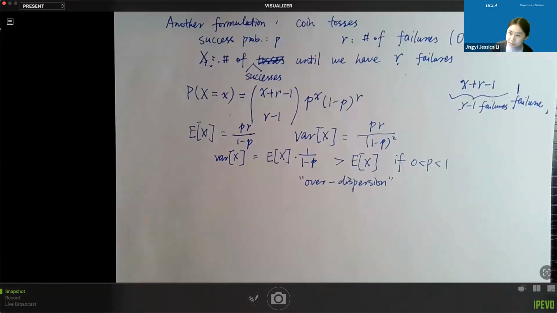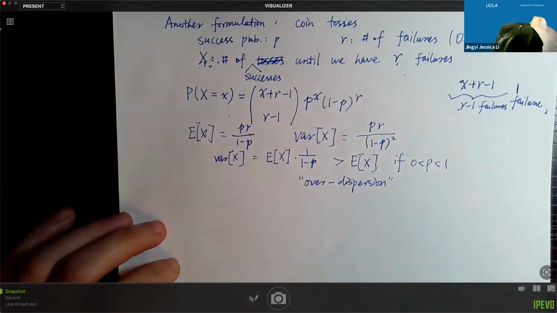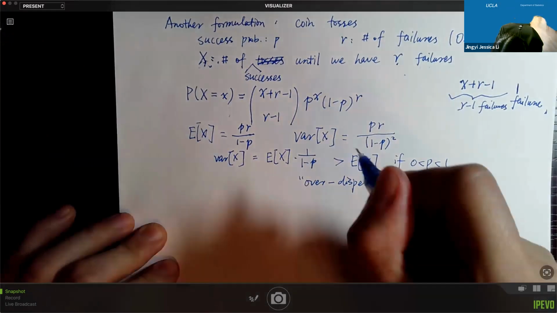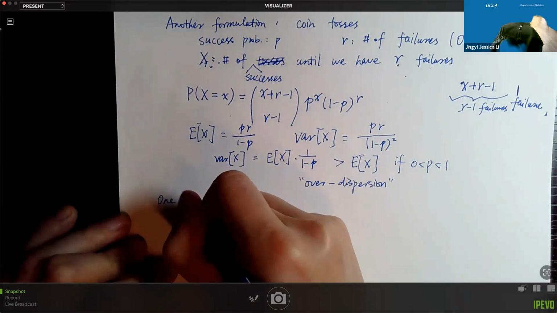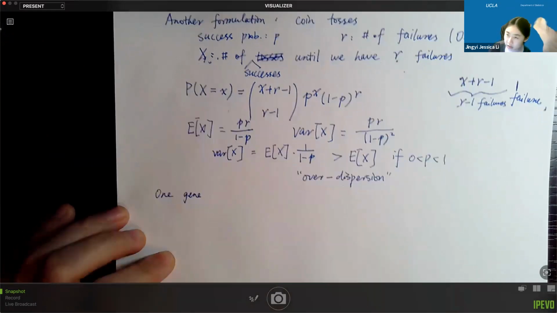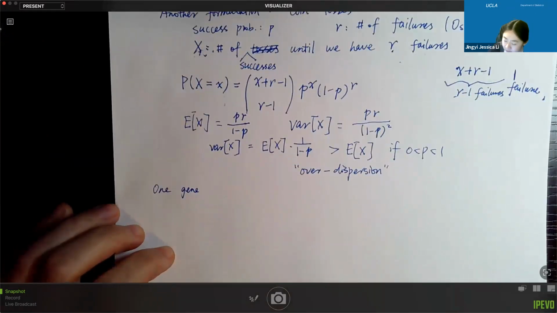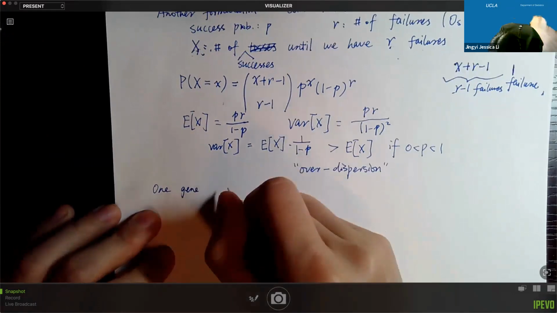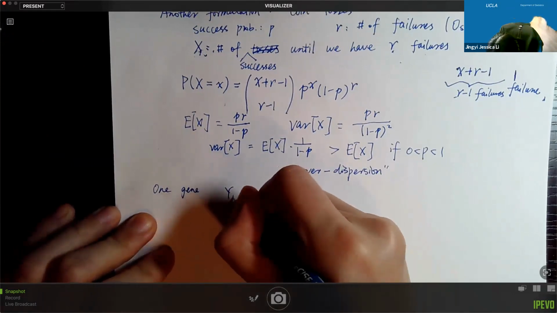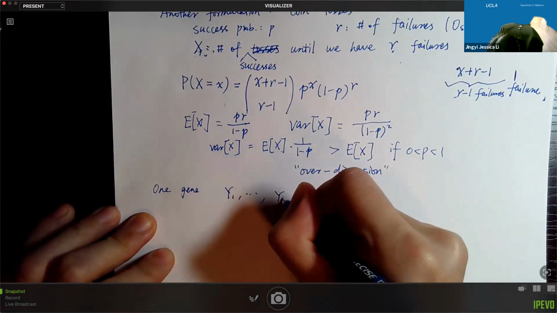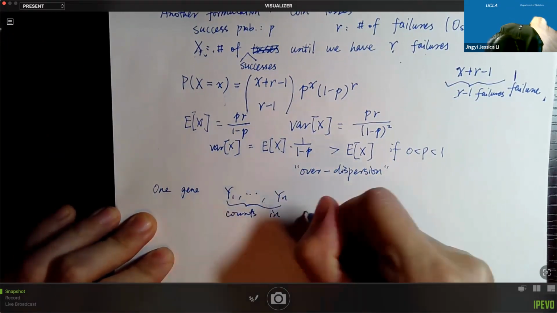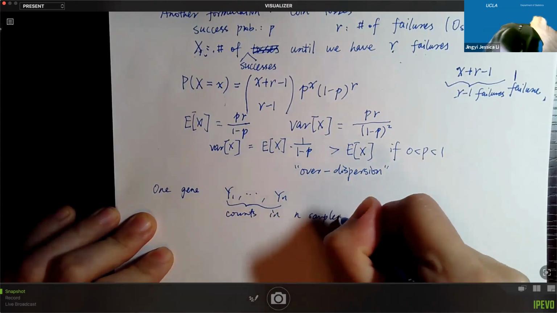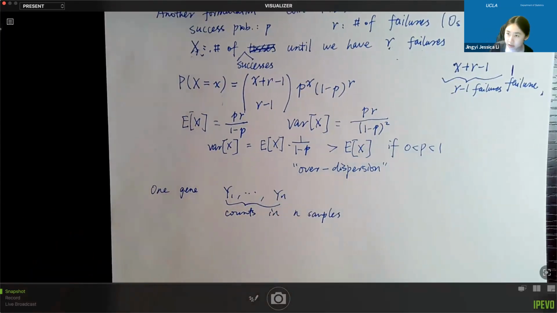What I actually mean is this. Let's say that we have just one gene, and we have the gene's counts in n samples. I will call those Y1 to Yn. These are counts in n samples.